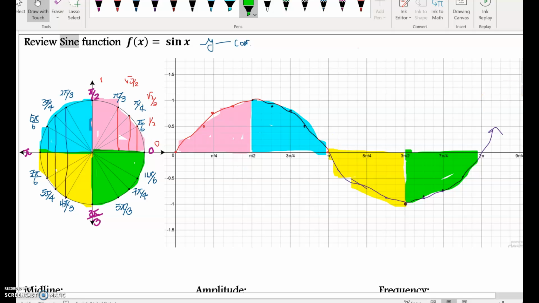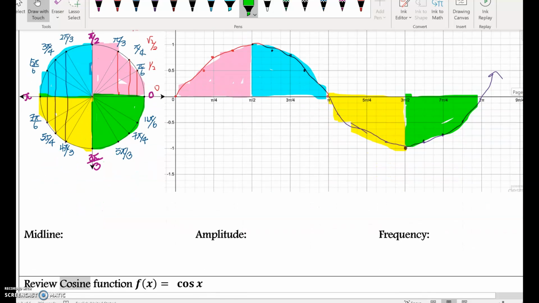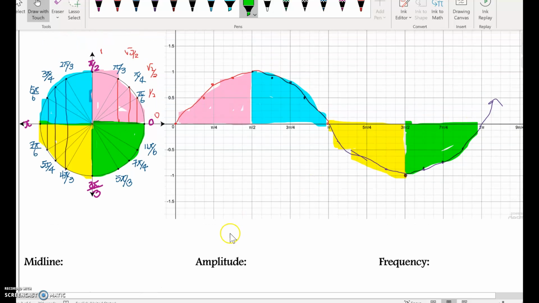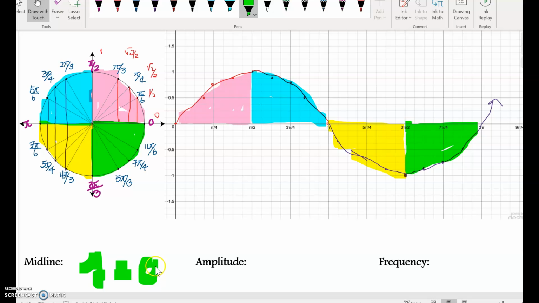Before we go to the cosine function, let's talk about the midline, amplitude, and the frequency. The midline for this is basically the x-axis, so it's y is equal to 0. Now the amplitude is the distance from the midline to the max, or midline to the minimum. If you notice, the amplitude is 1.